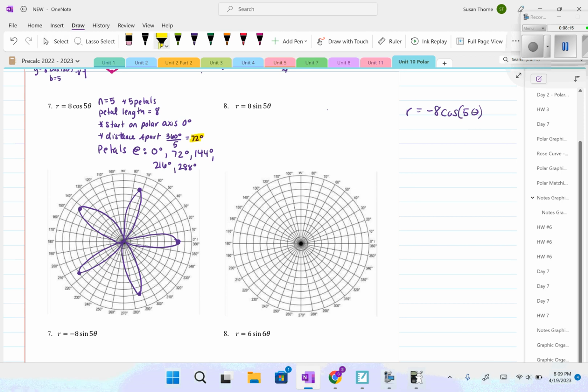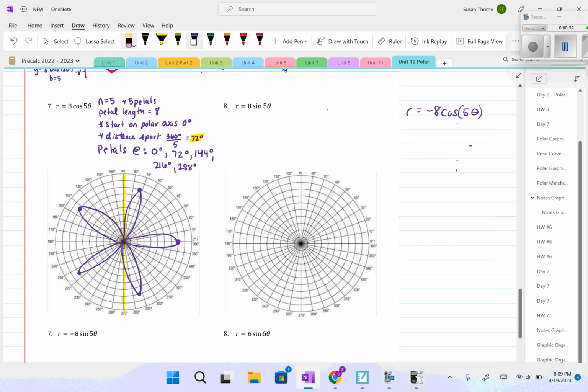So your graph would just be reflecting over this line. So instead of starting at 0 degrees, you would start at 180 degrees out a distance of 8 would be the difference. So I just wanted to point that out. So again, your starting point would start over here instead, and then your graph would just reflect.